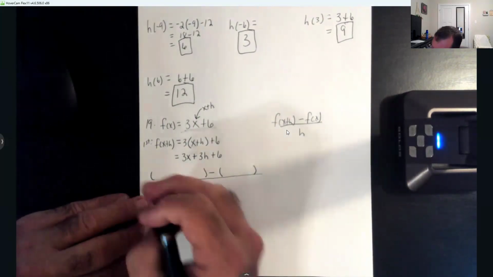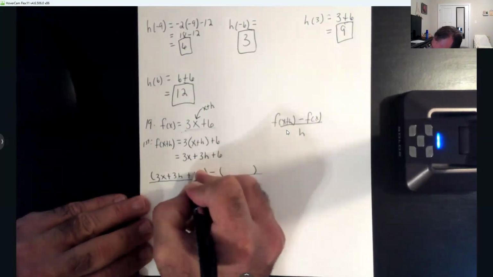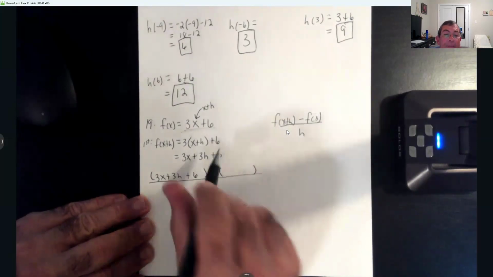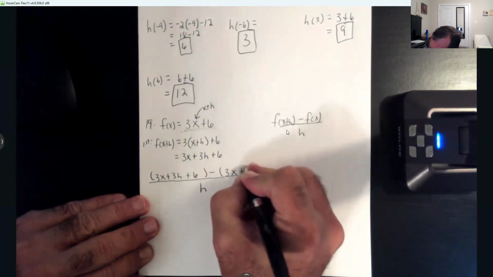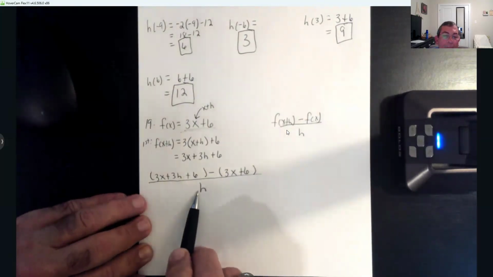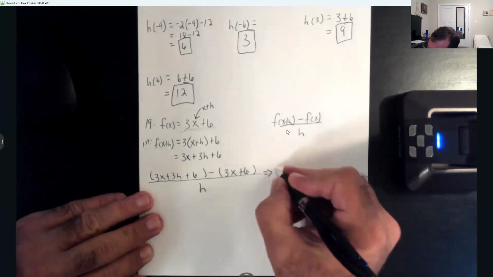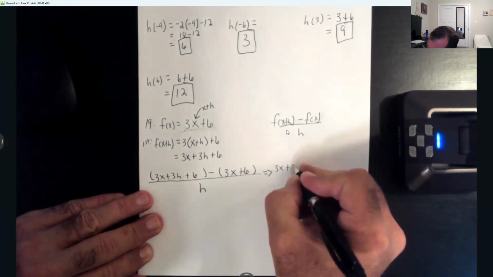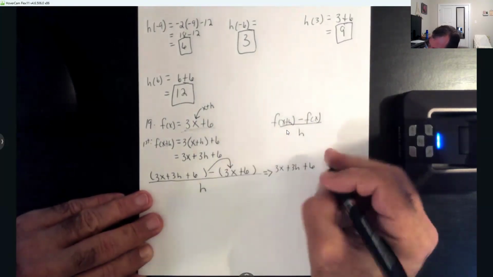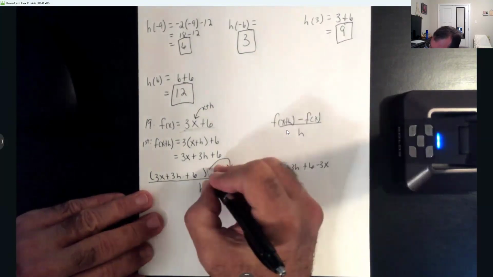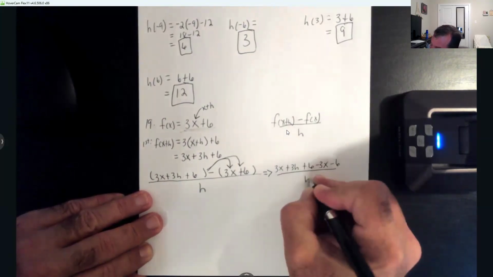So plug it in. This will be the 3x plus 3h plus 6. This will be the f of x, which was 3x plus 6. And remember, when you drop parentheses, you got 3x plus 3h plus 6 minus 3x minus 6 all over that h.